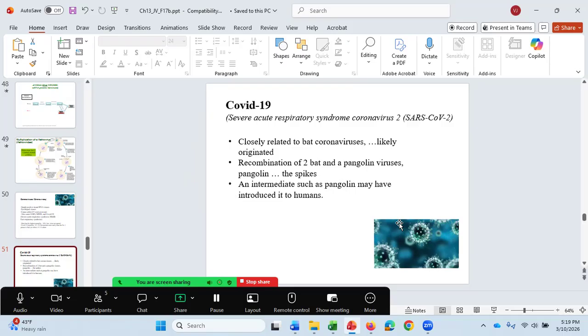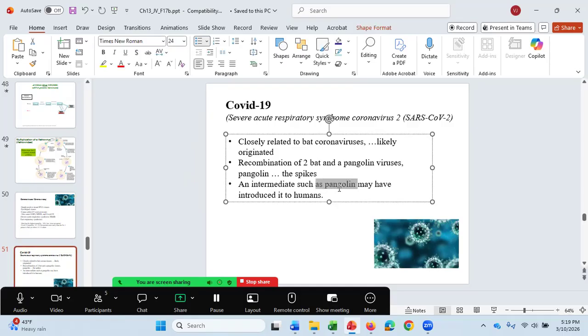They know this from sequencing bat coronaviruses, pangolin coronaviruses, and the original COVID-19. An intermediate animal likely had the COVID-19 and then spread it to humans. It might have been a pangolin. If you don't know what a pangolin is, it's a spiny anteater.